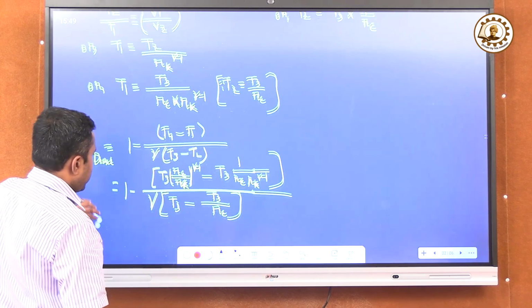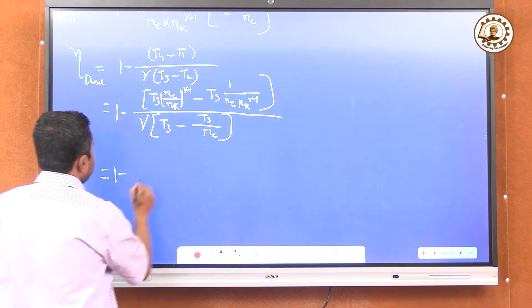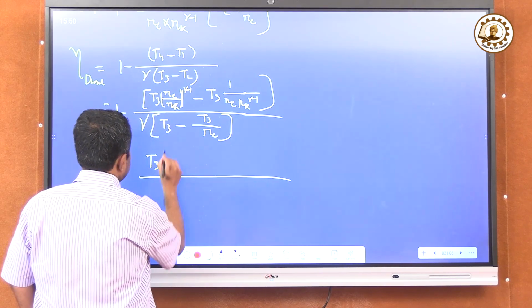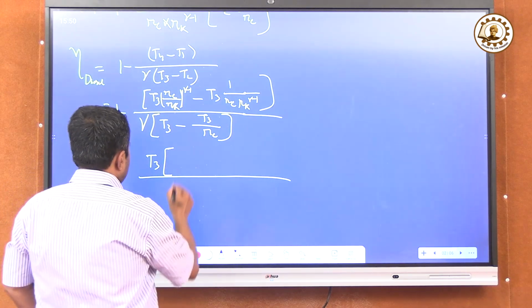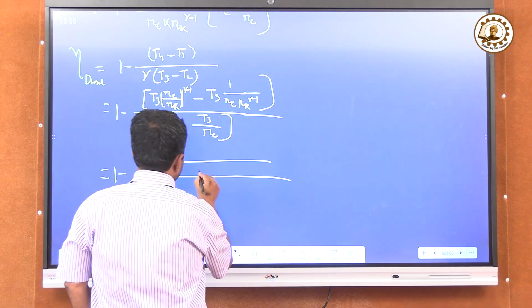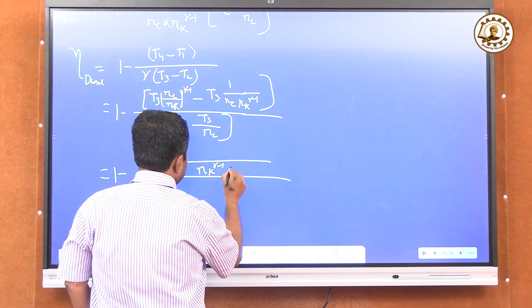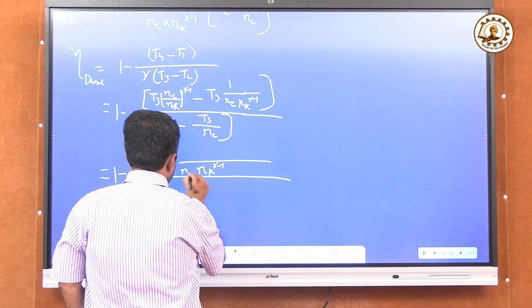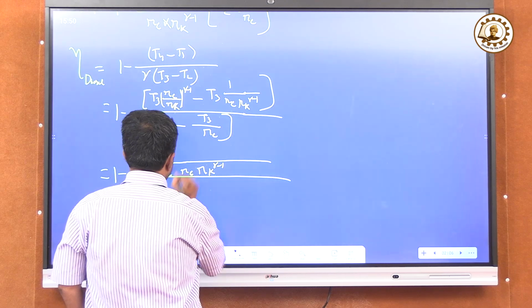Now we try to simplify this. 1 minus, first take T3 outside. Then if we simplify, that is Rk to the power gamma minus 1 into Rc, Rc into Rk to the power gamma minus 1.